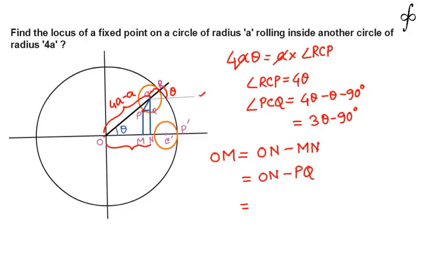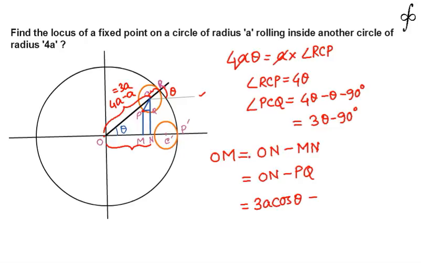This much is the radius of the smaller circle A. So OC is nothing but equivalent to 3a. So ON can be said to be the horizontal component of 3a, so 3a cos theta minus the length PQ.